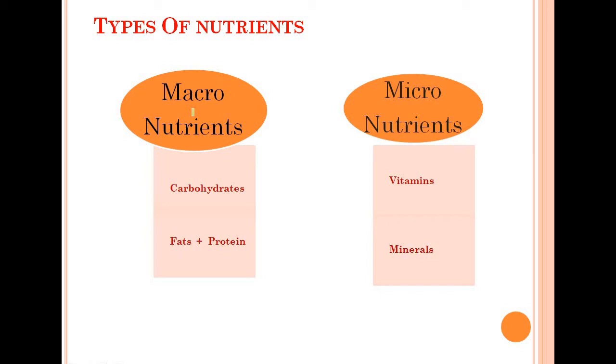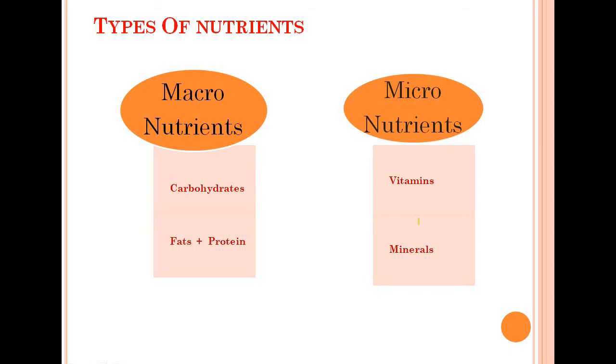As the name suggests, macro means required in a high or large amount, and micro means those nutrients that are required in a small amount. Under macronutrients we are keeping carbohydrates, fats and proteins, and under micronutrients we are keeping vitamins and minerals.